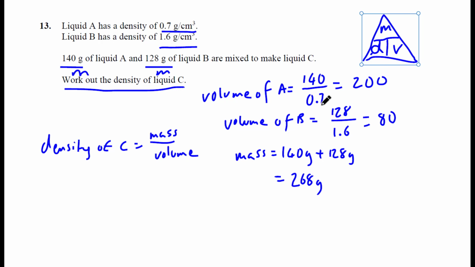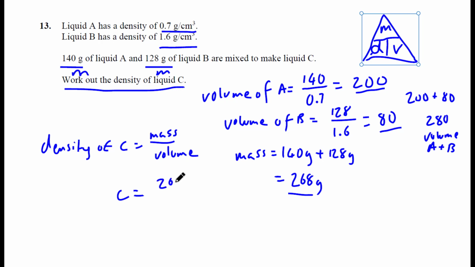So we've plugged this into the calculator to get the volume of A, 200, and the volume of B, 80, and they've been combined together to make liquid C. So we just do 200 add 80, that's 280 for the volume, A plus B combined. We've got the mass here. So density of C is going to be 268 divided by 280.